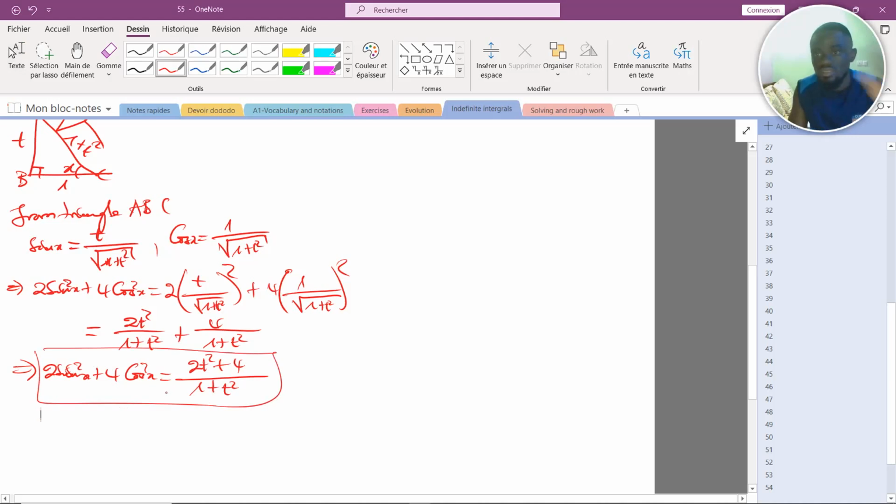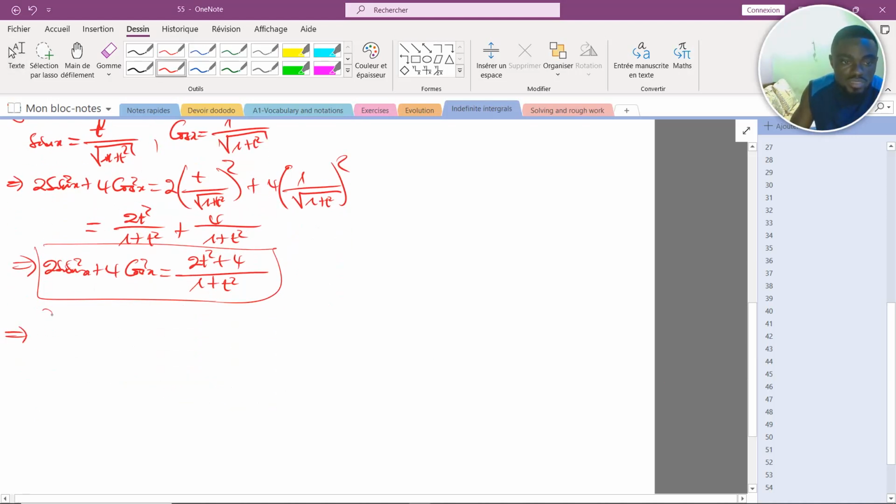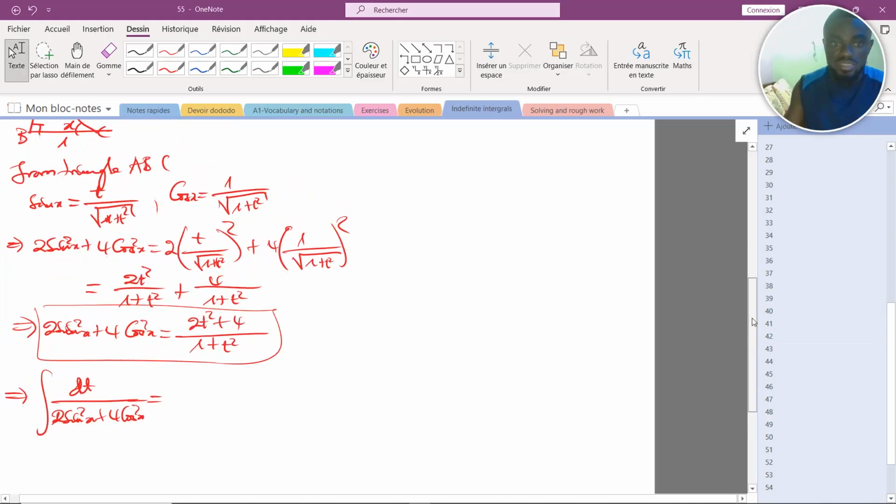Now we can easily substitute in our integral. So the integral of dt over 2 sine square x plus 4 cos square x will be equal to, I substitute my dt. Where is my dt?